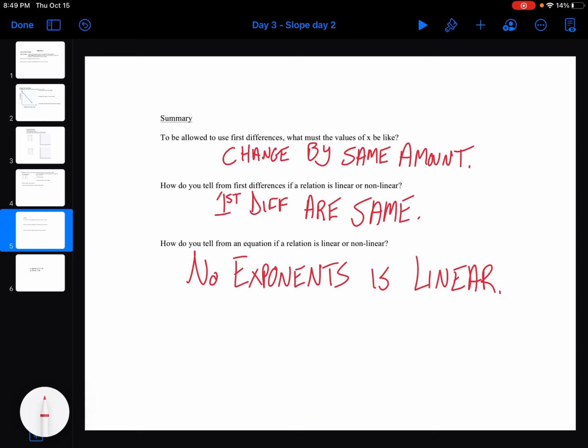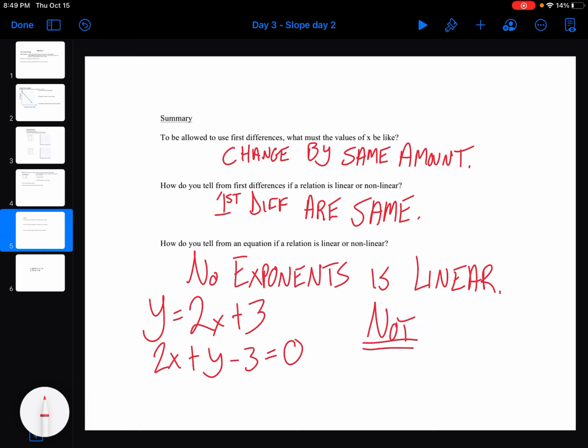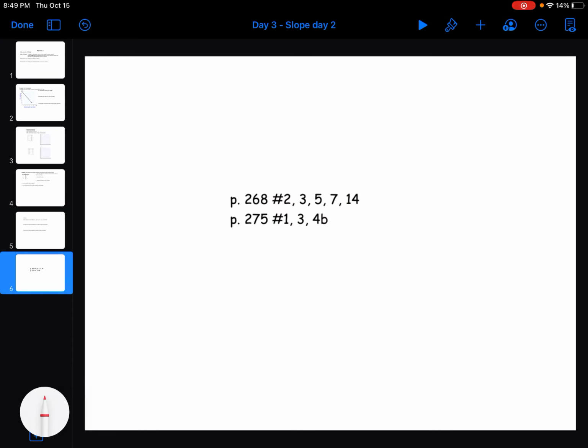There's some other things that will make it nonlinear, but for what we're looking at, a linear equation is going to look something like this, or something like this. It will not look like this or this. It won't look like anything like that. So those have exponents, so it can't be that.